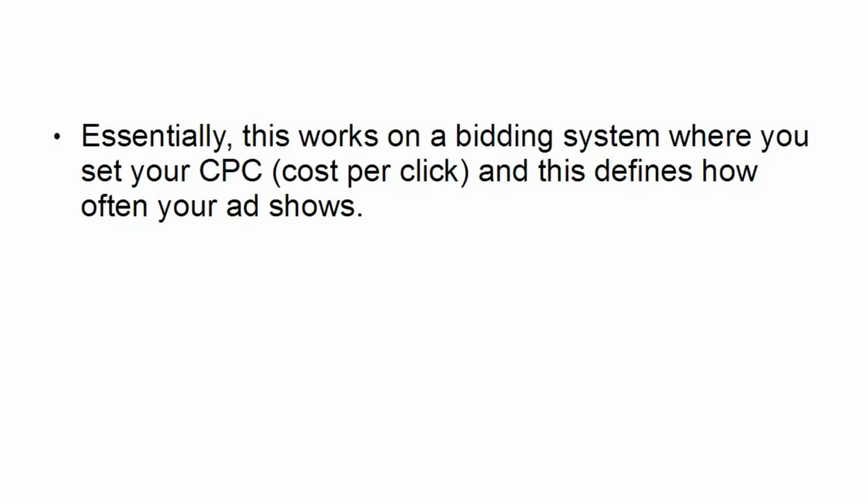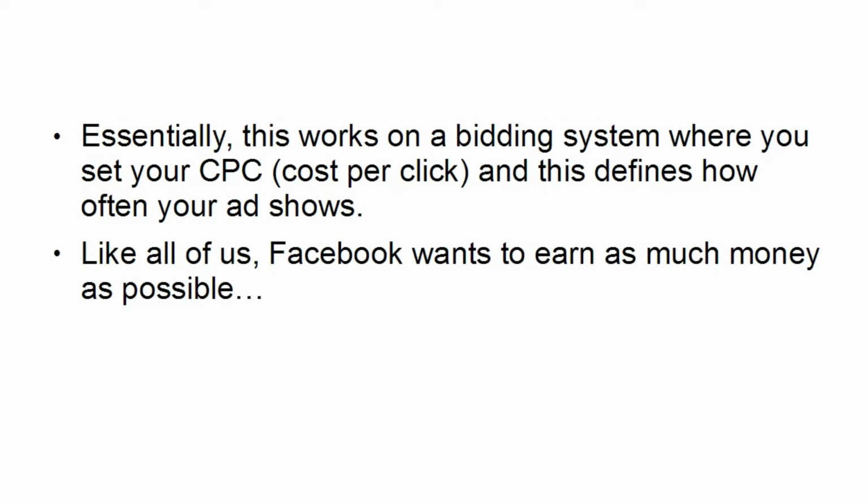Well, Facebook make this quite easy for you. Now, essentially, this works on a bidding system where you set your CPC, your cost per click, and this defines how often your ad shows. Now, like all of us, Facebook wants to earn as much money as possible.